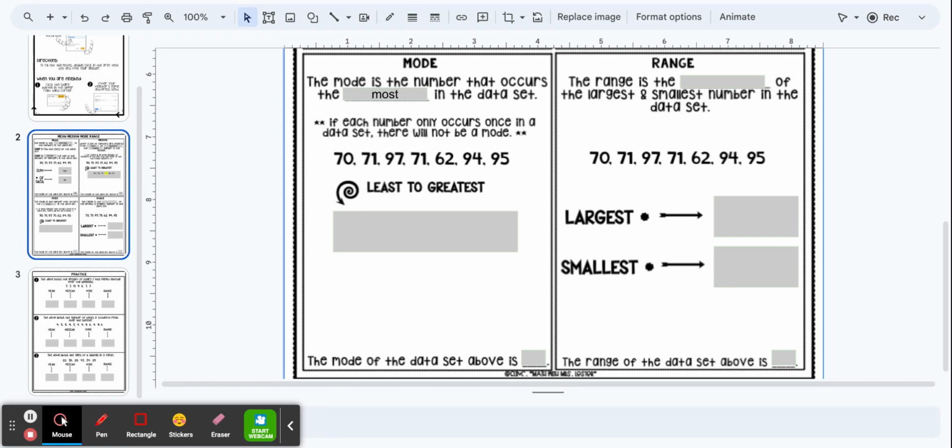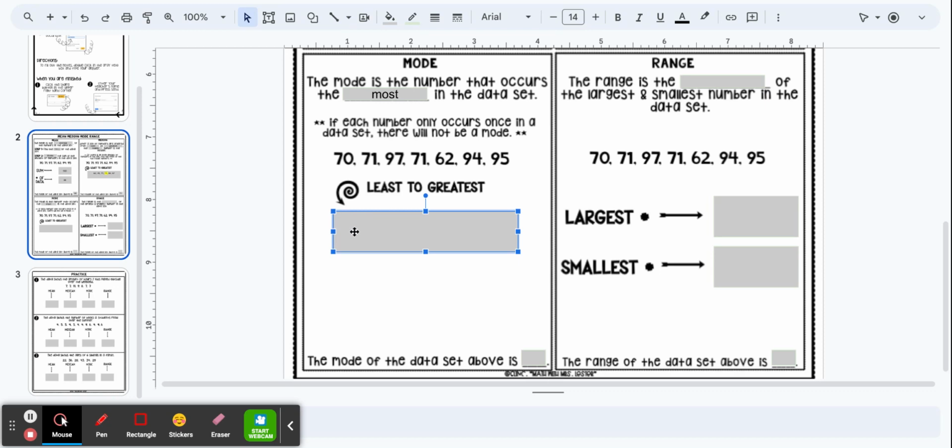So if possible, when you order your numbers from least to greatest and you see that each of these numbers only appears one time, your answer could be no mode. It is easiest to order them from least to greatest.